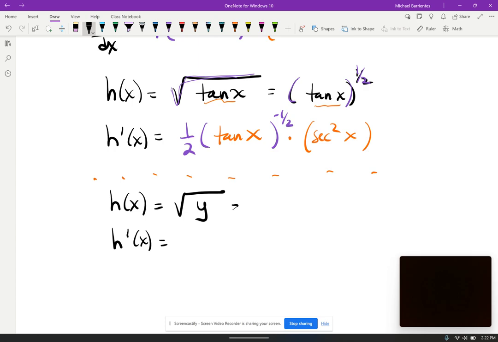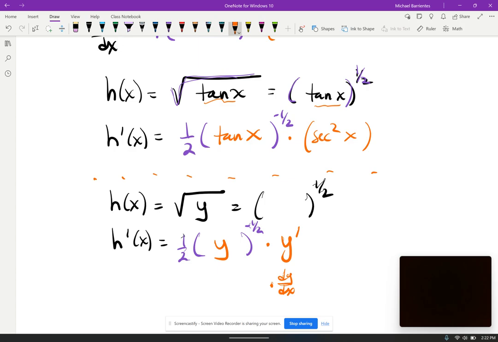Well, I would still find the derivative of the outside. So the derivative of the outside would be 1/2 times something to the negative 1/2, with the inside still in it, times the derivative of the inside, which would be y prime. Some people, instead of writing y prime, would write dy dx.